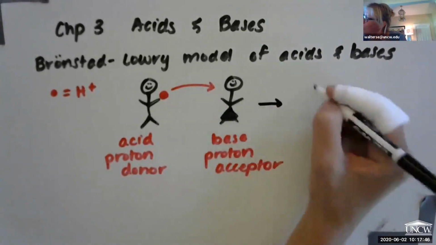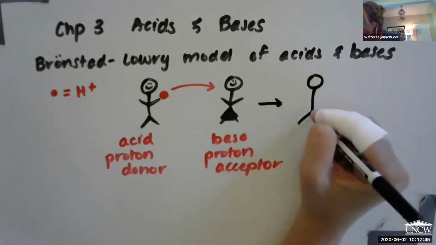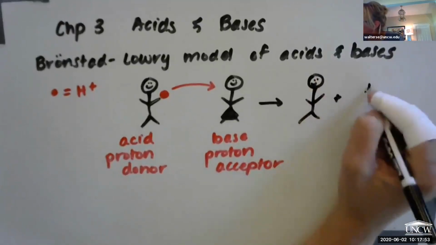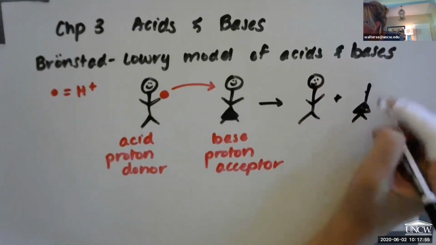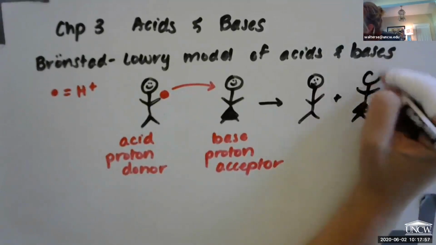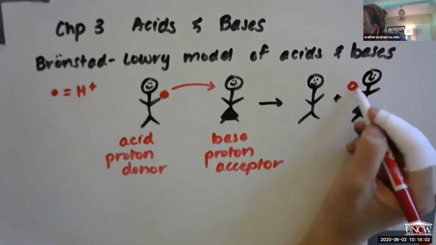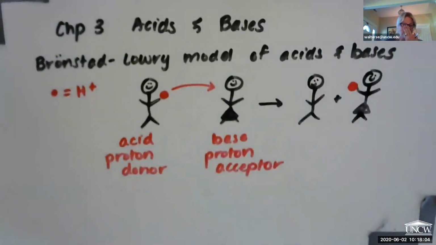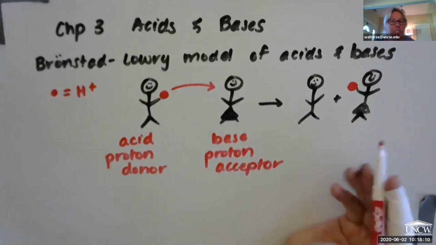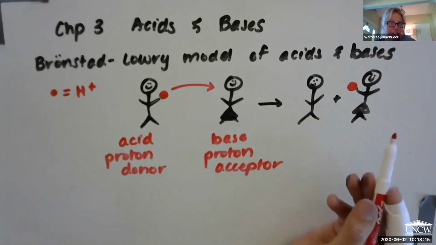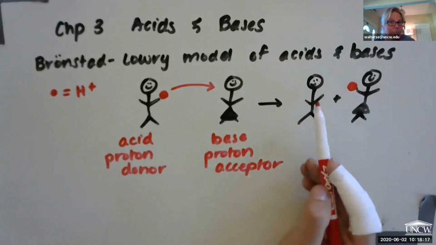So then over here, the man no longer has the ball. The lady does have the ball. So the Bronsted-Lowry model of acid-base is a proton transfer. But the only way to successfully have a game of catch is she's got to throw it back.